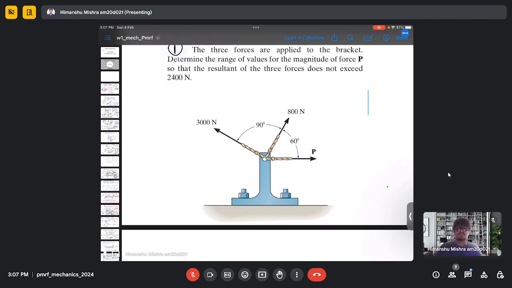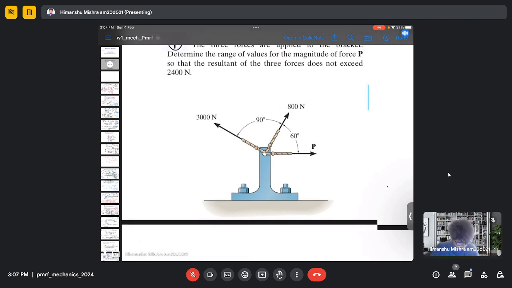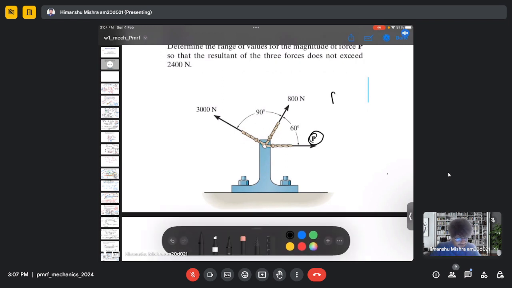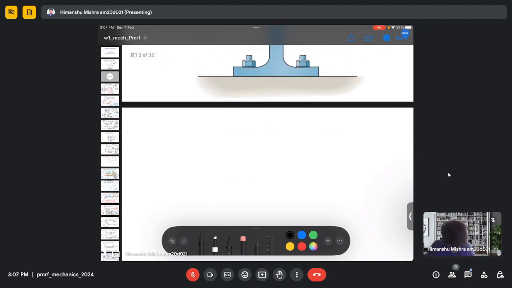Here we are given three forces applied to a bracket, and we must determine the range of values for the magnitude of force P so that the resultant of the three forces does not exceed 2400 Newton. So we need to find the value of P such that this resultant force Fr always remains less than 2400 Newton.